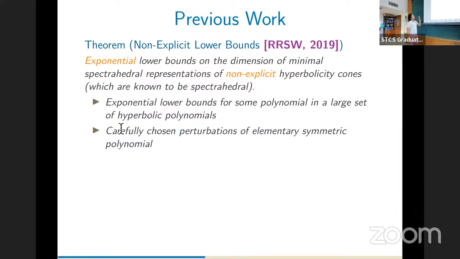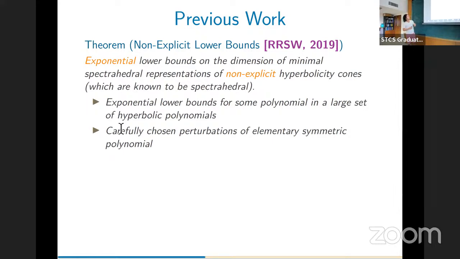There are non-explicit lower bounds on the size of spectrahedral representations of hyperbolicity cones, proved by Raghavendra, Ryder, Prasad, Nikhil, and Vinzant in 2019. What did they prove? They proved exponential lower bounds on the dimension of the minimal spectrahedral representation of some non-explicit hyperbolicity cones.